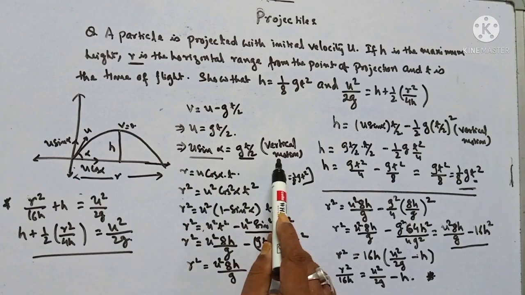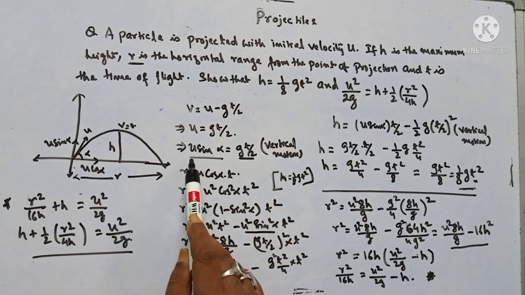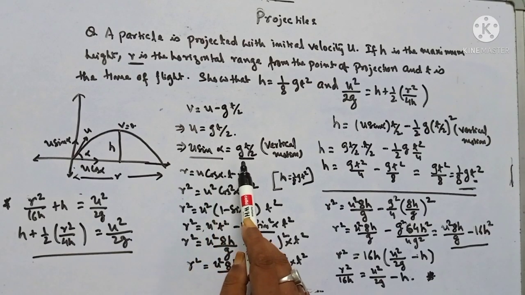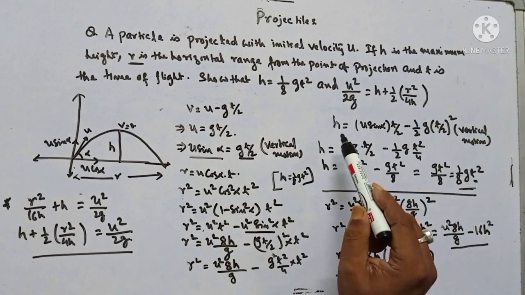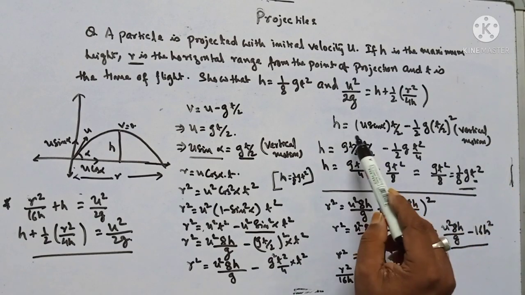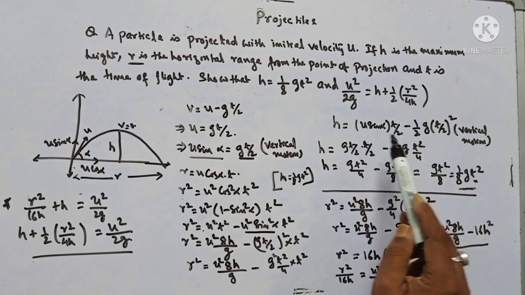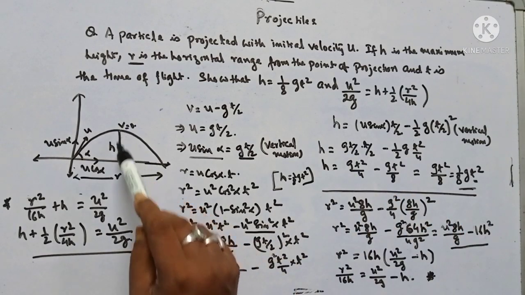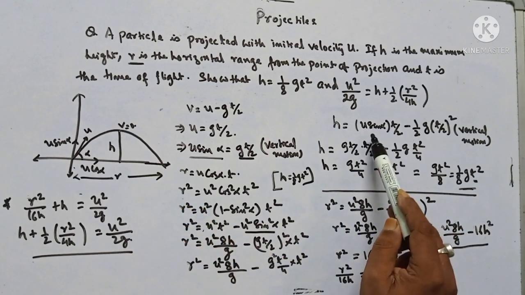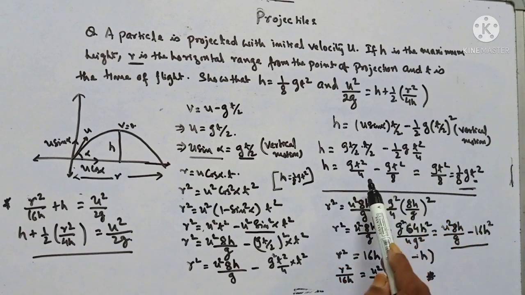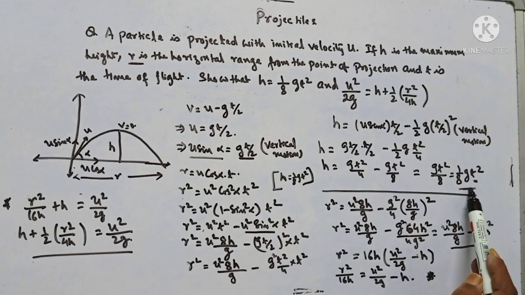Since we are considering vertical motion, the initial value u sine alpha is equal to gt by 2. Now h, in vertical motion, is ut minus half gt square, and since the time of flight is t, here it will become half. So now I have put the u sine alpha value here, and when I solve it, we get this.